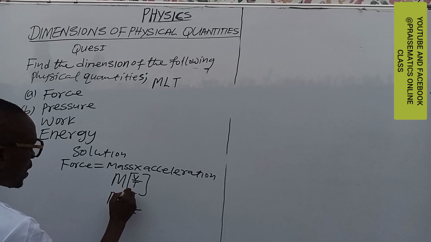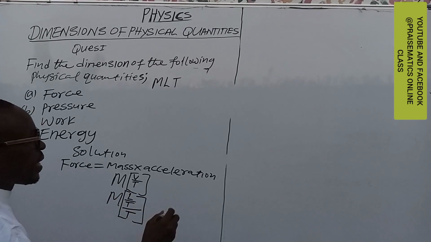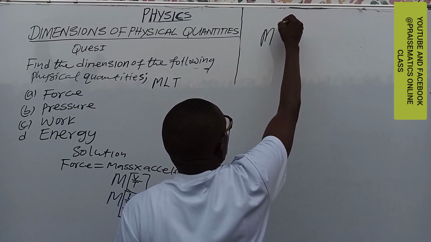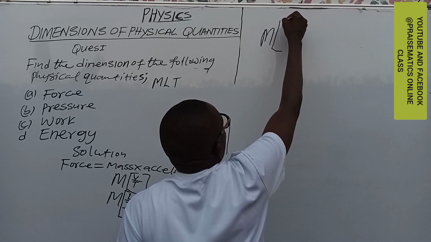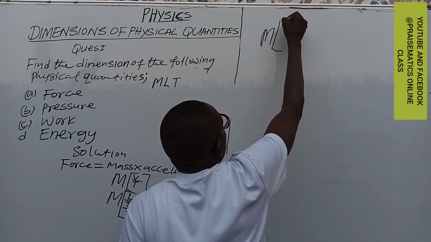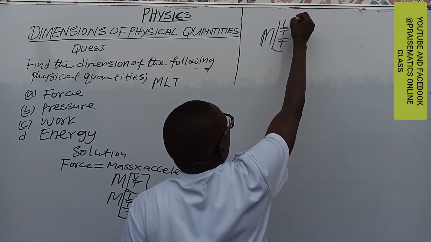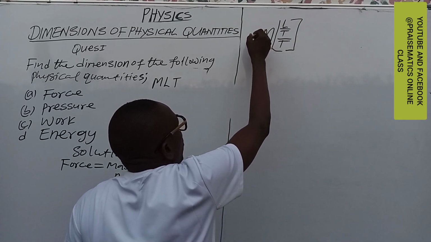So we have it like this. This is M, mass, into velocity, which is L over time, divided by time, which gives the acceleration. Now what do we have?